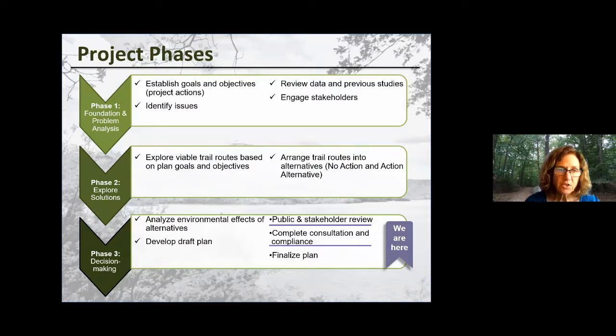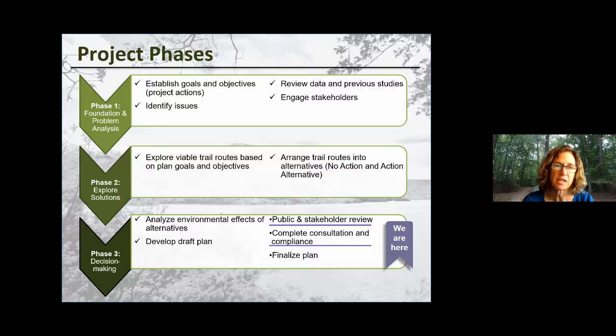So moving into phase 3, decision making. After we've come up with our alternatives, we analyze the environmental effects of those alternatives. We identify which resources could be affected. We have some unstable soils at Whiskeytown. That was a topic.